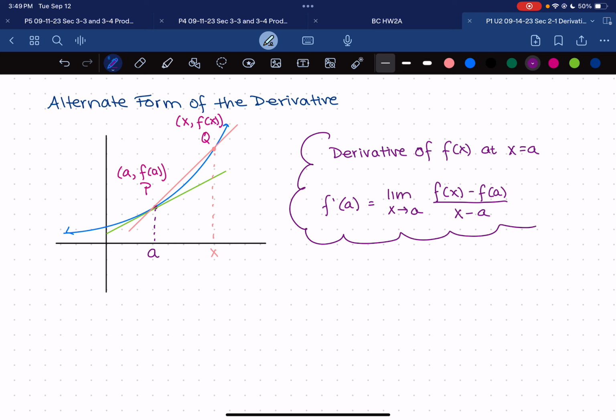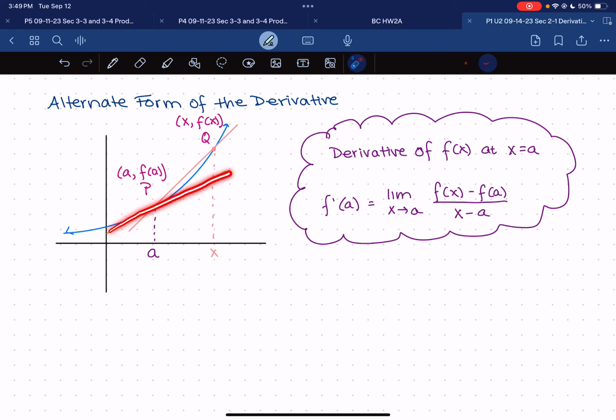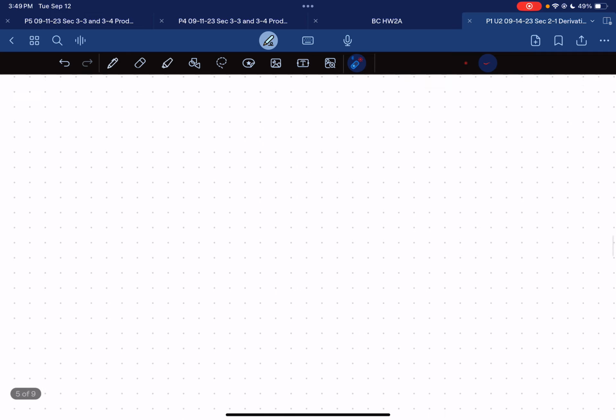When you evaluate this limit, it should be specifically the slope of the tangent line at x equals a, which means it should be a numerical value. You should never get x's for this. It's going to be a fixed constant, whatever the value of this slope is. So let's take a look at this.